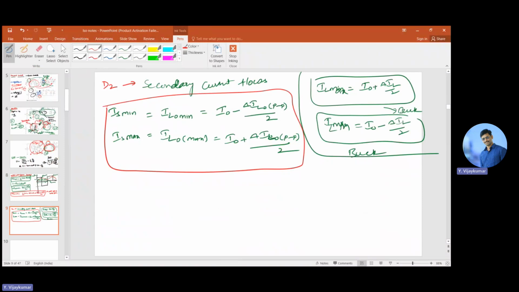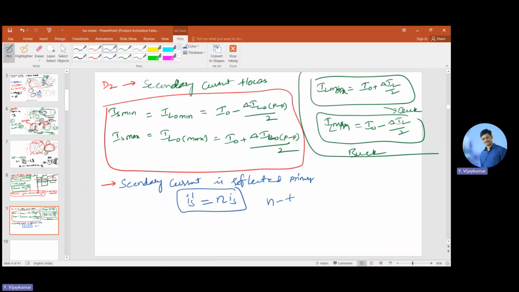So the secondary current is reflected to the primary, involving the transformer. The secondary current reflected to the primary, IS dash, is N times IS, where N is the transformer turns ratio.